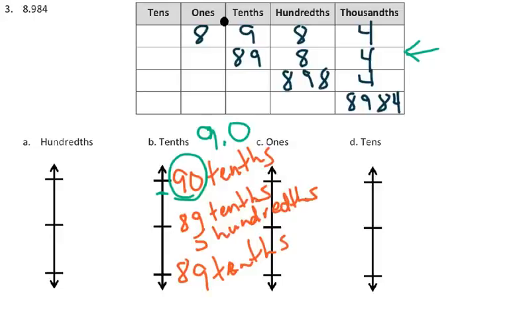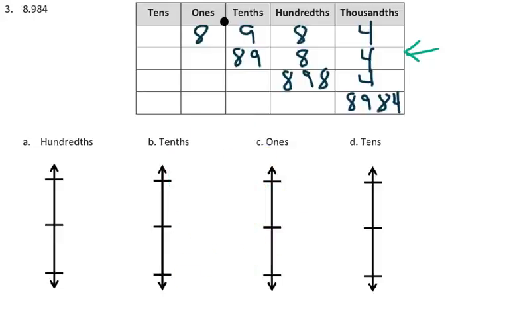Okay, now let's move on to the ones place. And the ones place is what they should be familiar with. They have been rounding in previous grade levels, so this should be not as difficult. So I'm going to look at my ones here, and I know it's between 8 and 9.